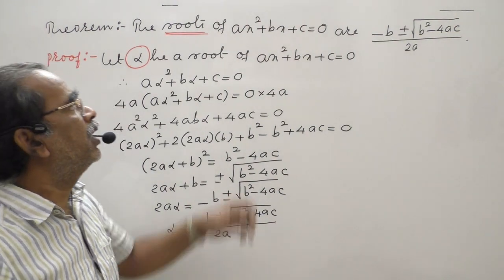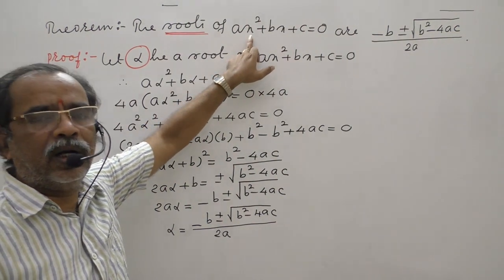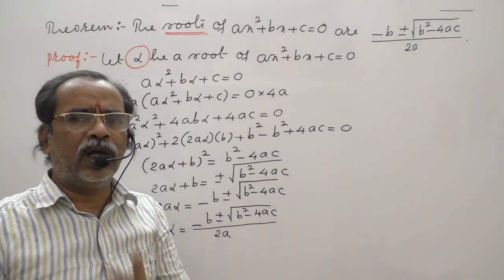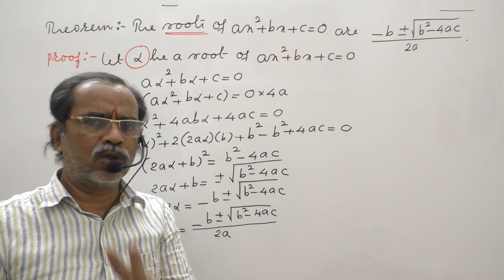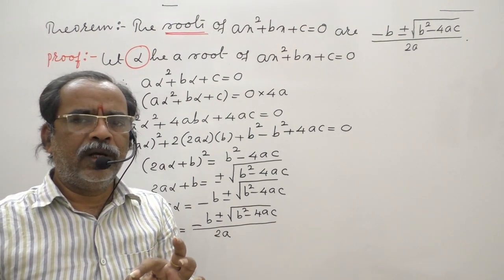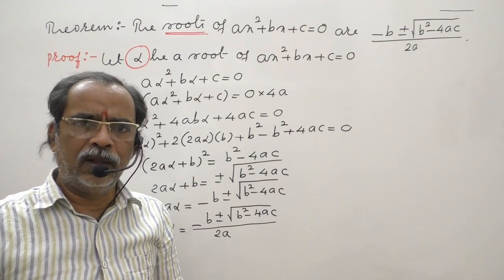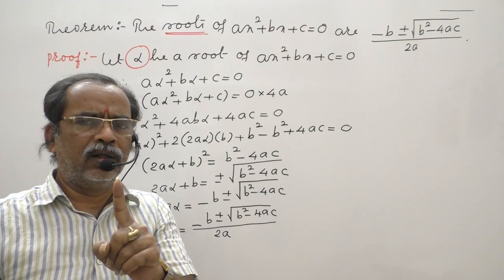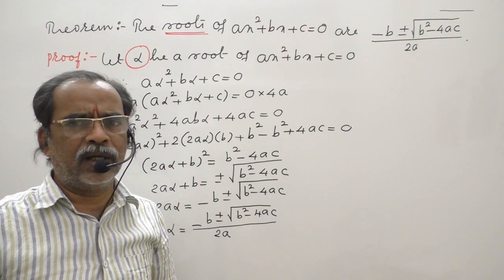This quadratic equation is an equation of degree 2. Therefore, it can have at most 2 roots. The number of roots of an equation depends on its degree. If you take a first degree equation, there can be only one root maximum.